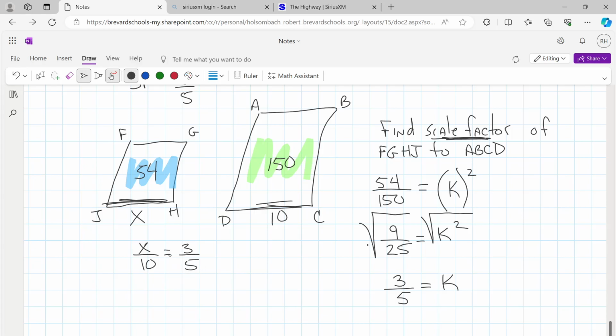If we crisscross multiply, then 5 times x is 5x. 10 times 3 is 30. And divide both sides by 5. So our x is equal to 6.